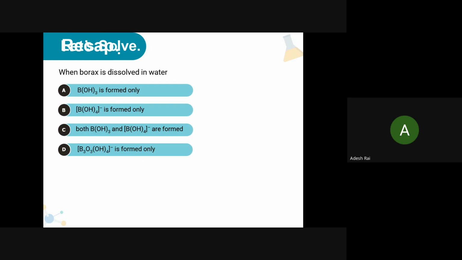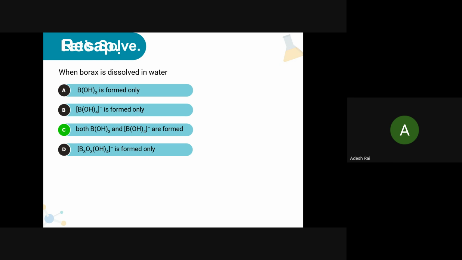Here both the ions of the salt are not given, only one ion is given. Which option will be correct? Option C is correct, right?